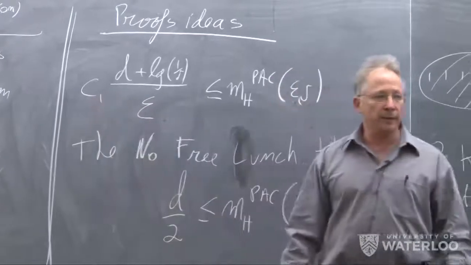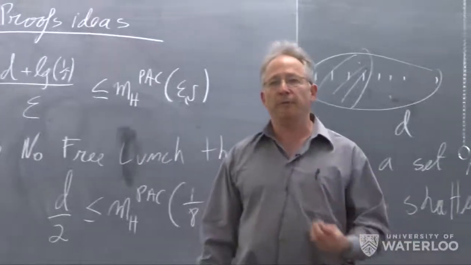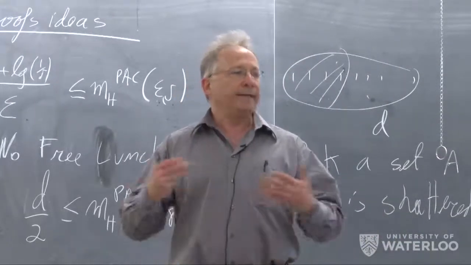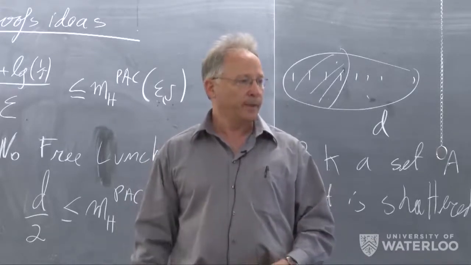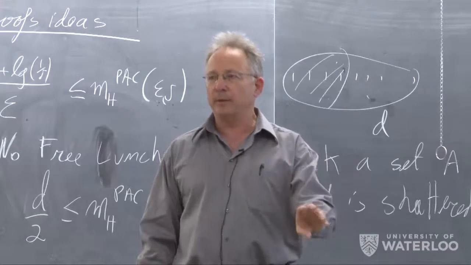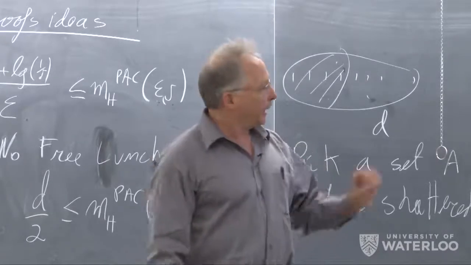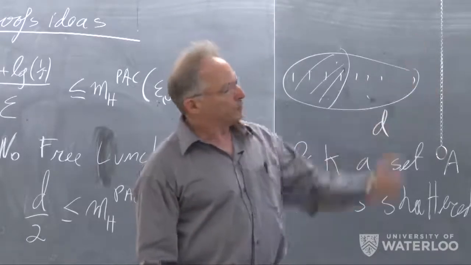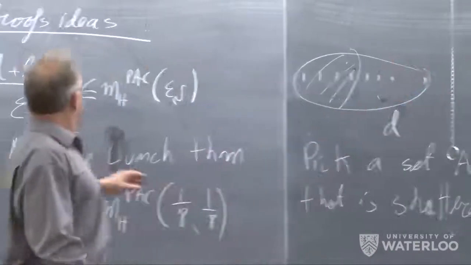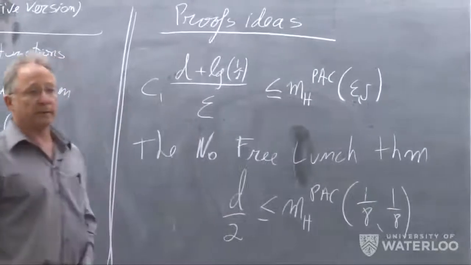So what we showed is that if we want a sample size that is guaranteed to work on any data distribution, and I want to drive the error towards 0 to make epsilon very small, I need to increase my sample size at a rate which behaves like roughly d over epsilon.